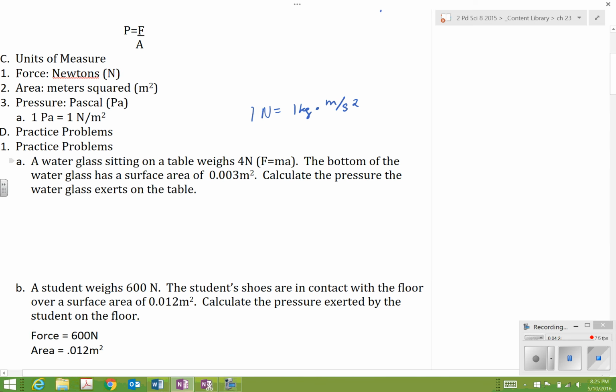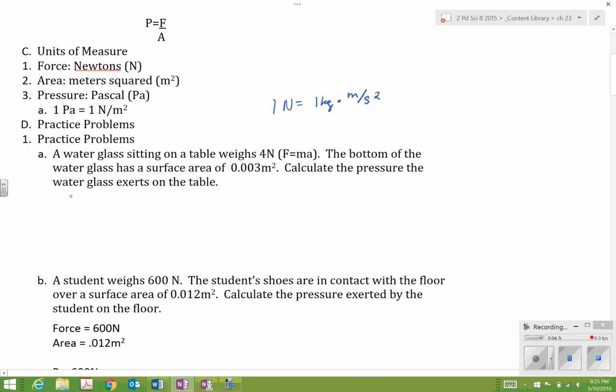We can identify 4 newtons. We know that is force, so we'll identify it here. It's telling us the surface area. Here's a little hint: area is used with a capital A. We don't want to get that mixed up with acceleration. Area is 0.003 meters squared.